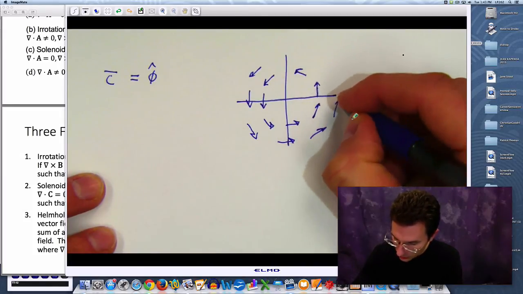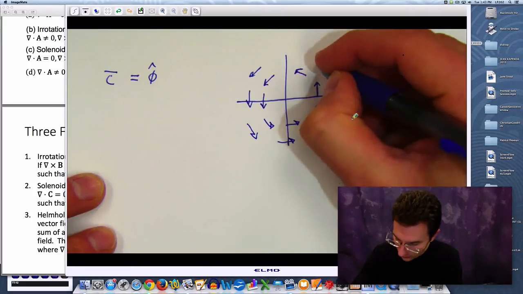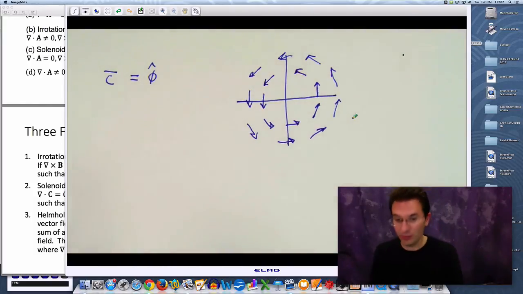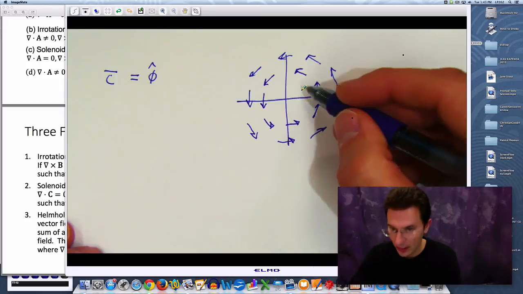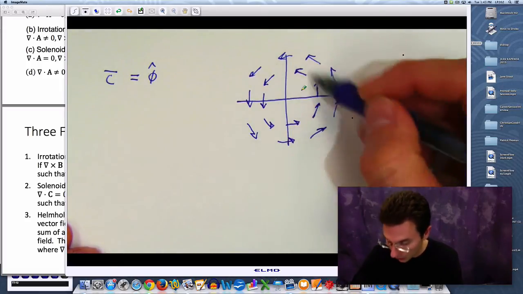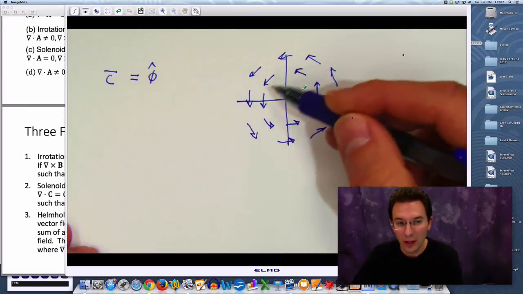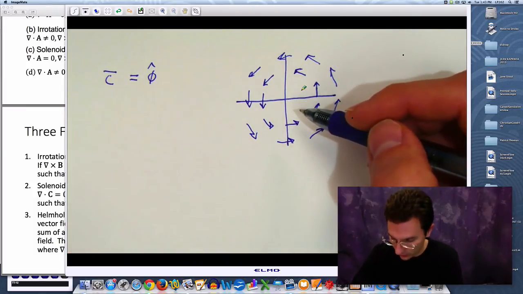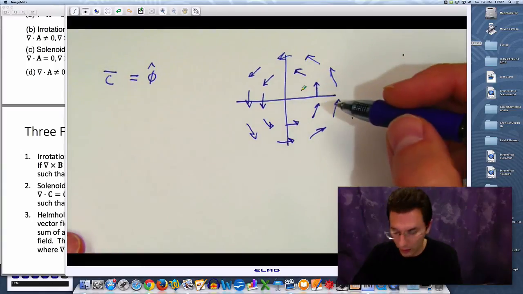And it's no surprise to us that a field that looks like this has 0 divergence, right? It certainly doesn't look like anything is radiating outwards from this point. It's all kind of literally curling around, okay? And so we would expect this field to have non-zero curl and 0 divergence. But again, we have to prove it, okay? We have to prove it.